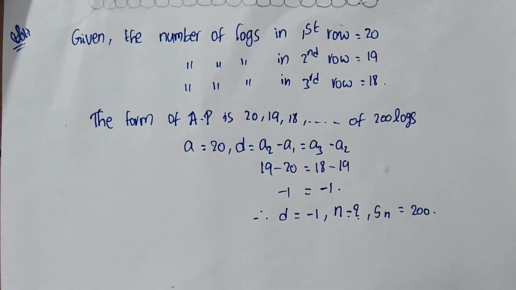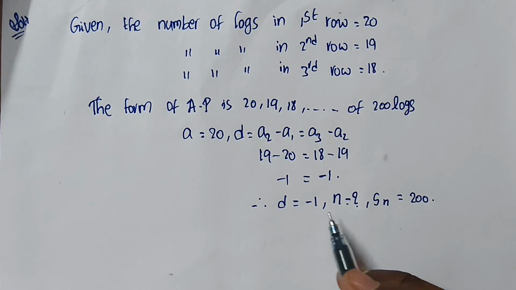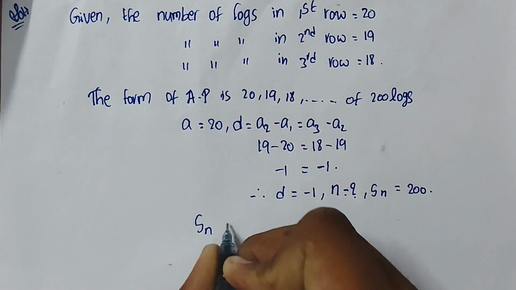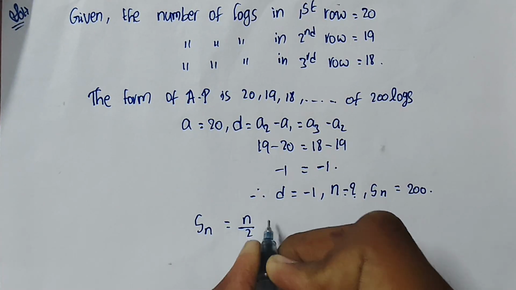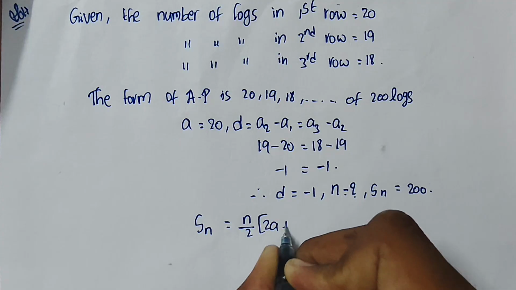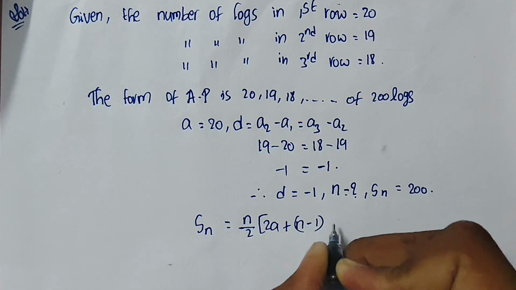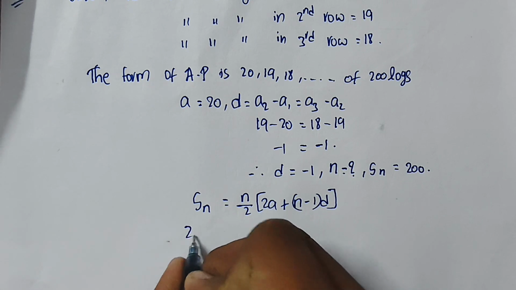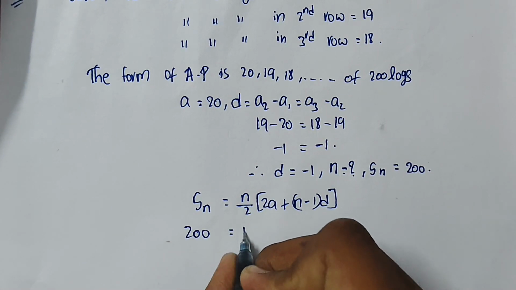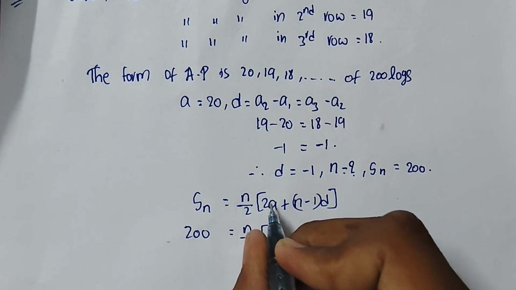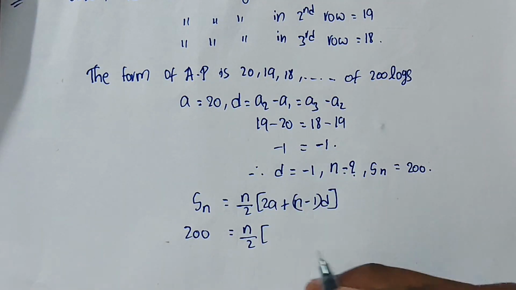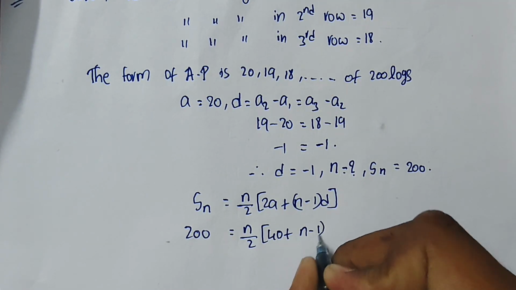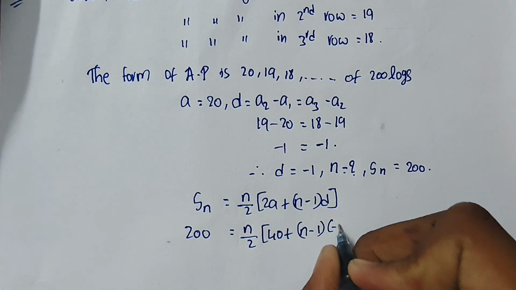So let us find the value of n by using the formula S base n is equal to n by 2 into 2a plus n minus 1 into d. So S base n is 200, equal to n, which we don't know, by 2 into 2a, which means 2 of 20, that is 40, plus n minus 1 into the value of d, which is minus 1.